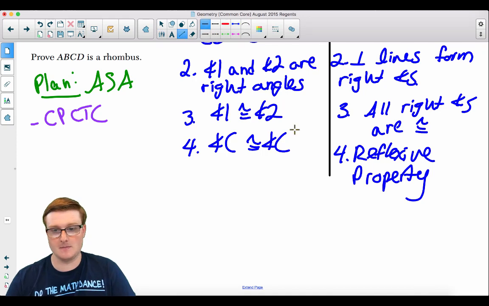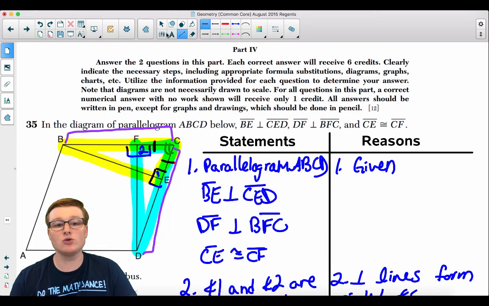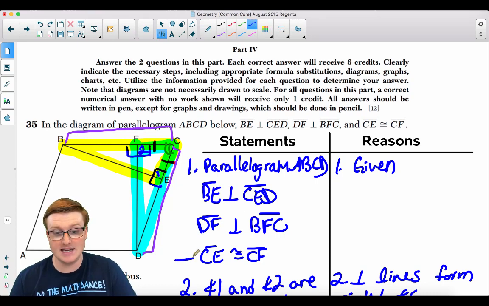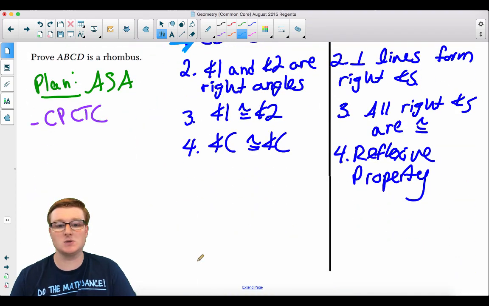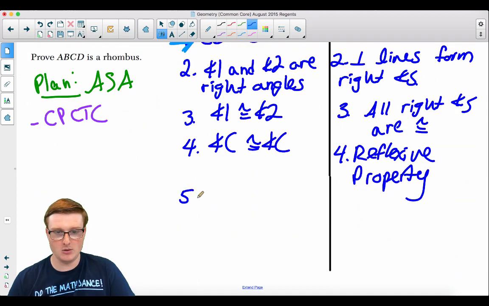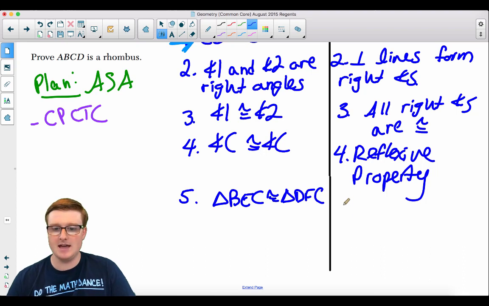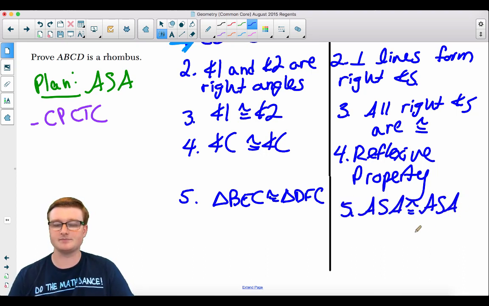Now, one thing that you have to look out for is we already proved our side length. That's here. CE is congruent to CF. That is our side. We don't need to state it again because we already have it. Number 5, I'm going to say that triangle BEC is congruent to triangle DFC. And your reason is angle side angle.